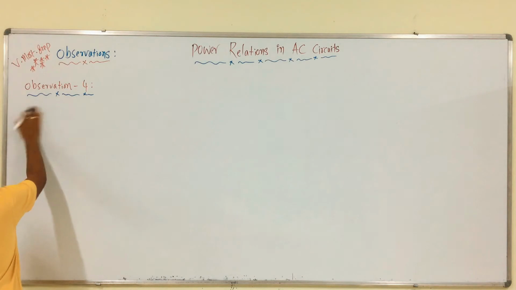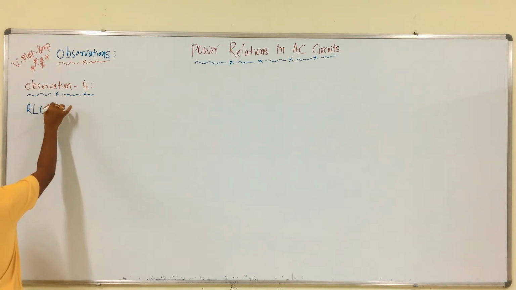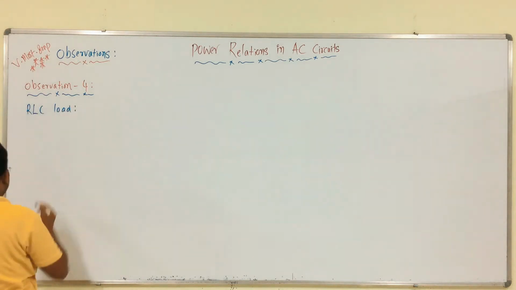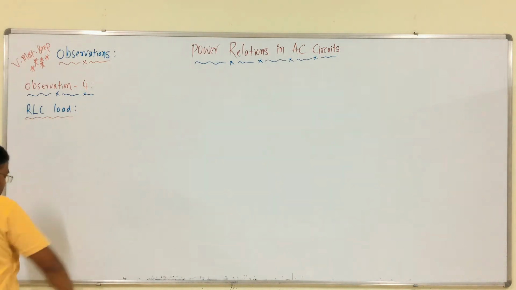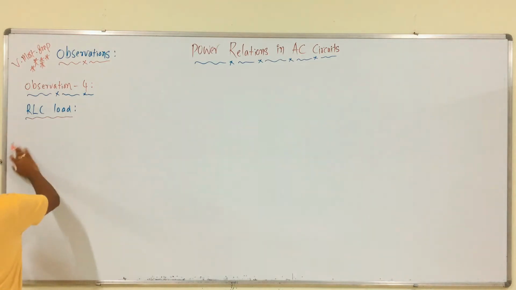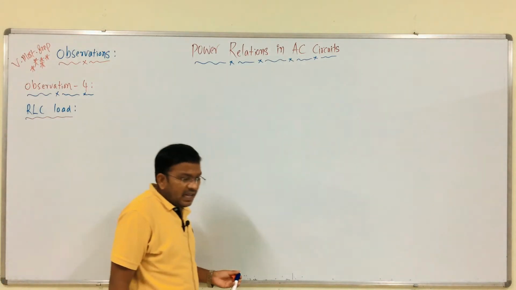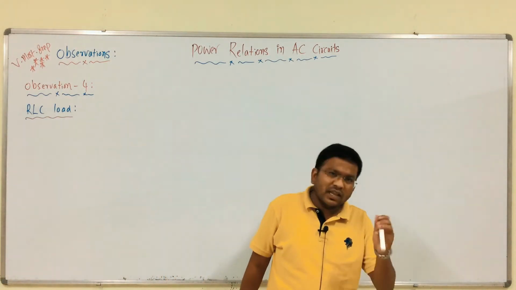Or simply you can write RLC load. Whatever may be the circuit, the load is RLC load. Here we have three cases. If we are dealing with RLC load, we have three cases, right?